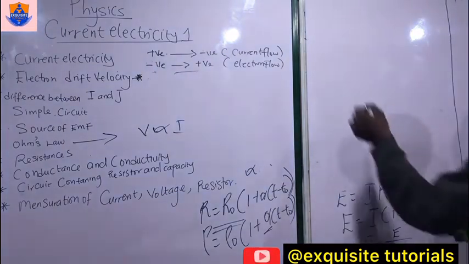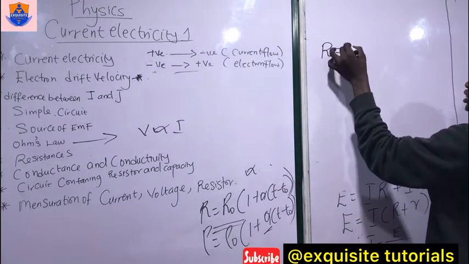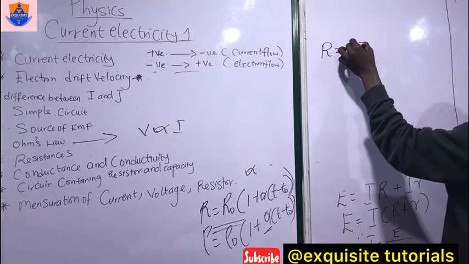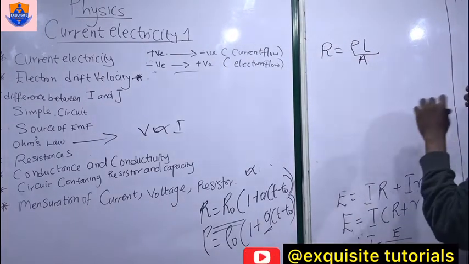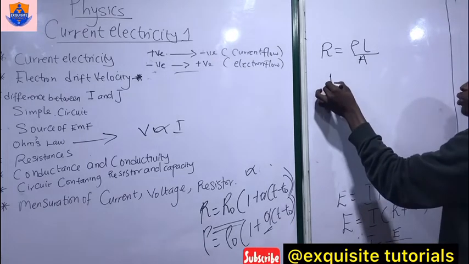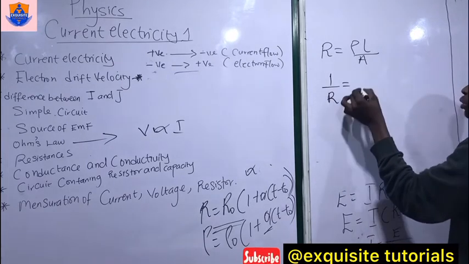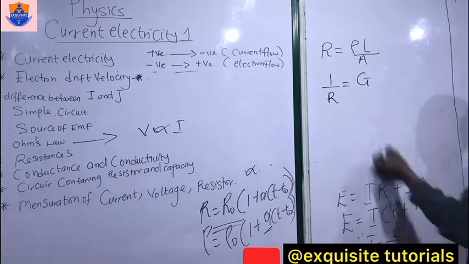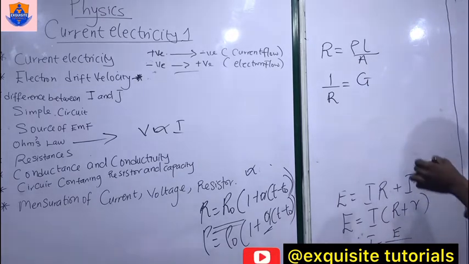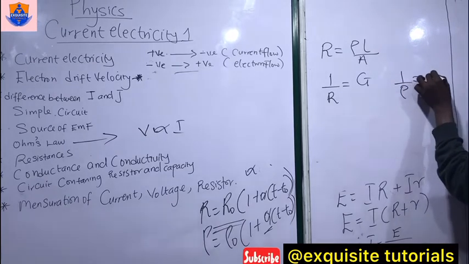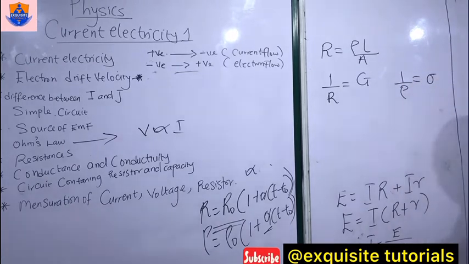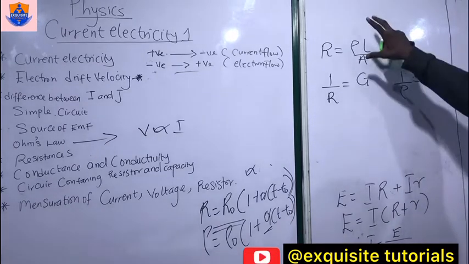So just as we have the formula that resistance is equal to resistivity times L over area, take note, 1 over resistance is equal to conductance, given by G. Then 1 over resistivity is equal to conductivity. So I can apply this to the formula here.